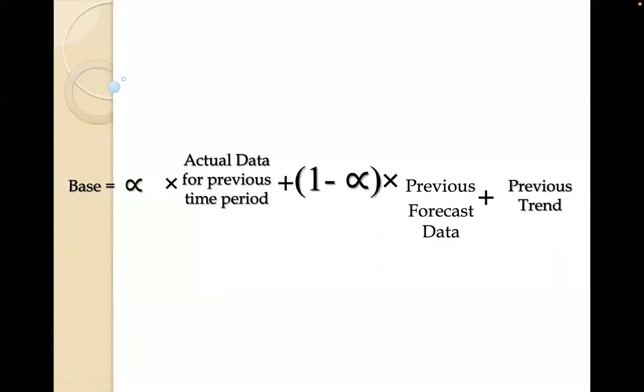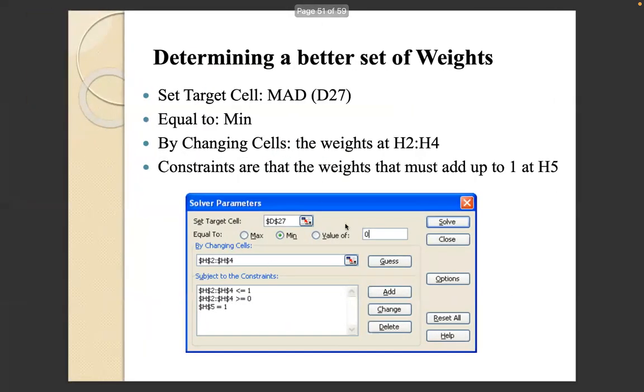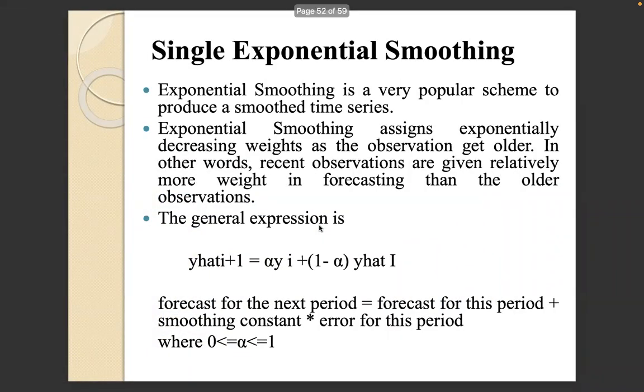So then let's move to the next, exponential smoothing, right? Here I think the function has given a better way of determining the set of weights. In the handout you have been given, the constraint is also given. You can practice it. Let's take single exponential smoothing.